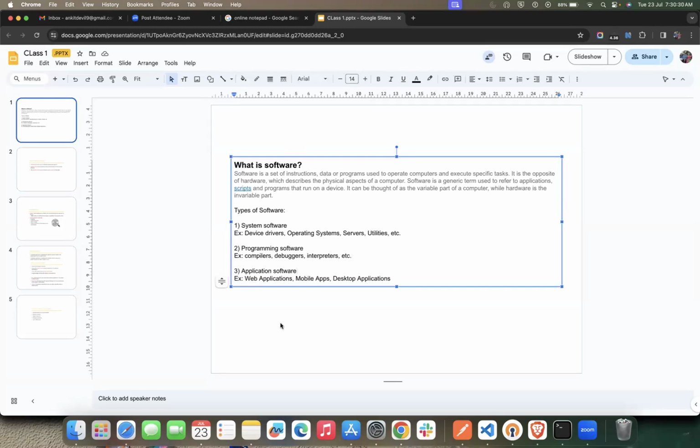I'll be explaining all these three terms again. First, the system software. System software is the main software that interacts with the hardware directly.